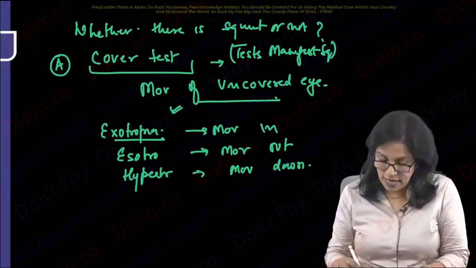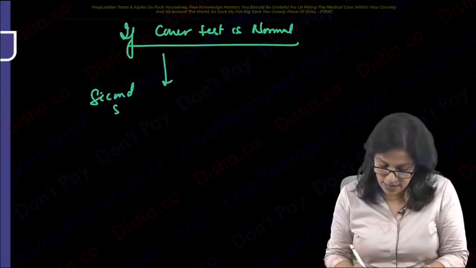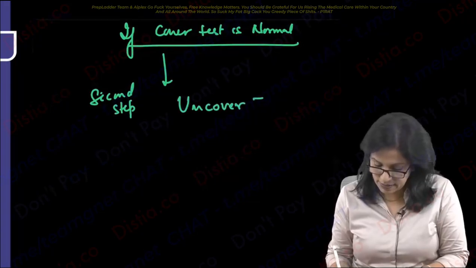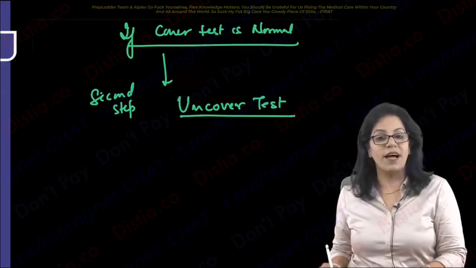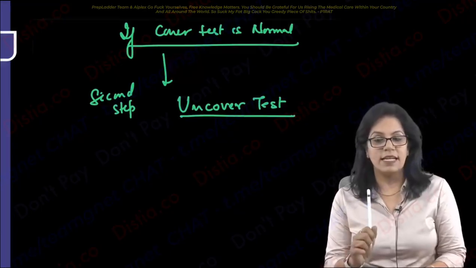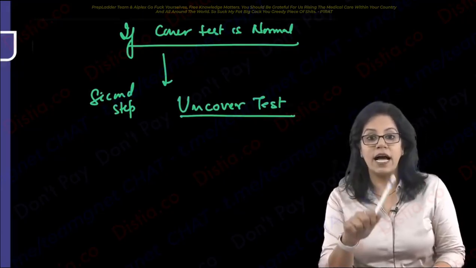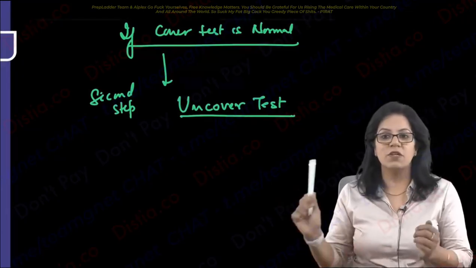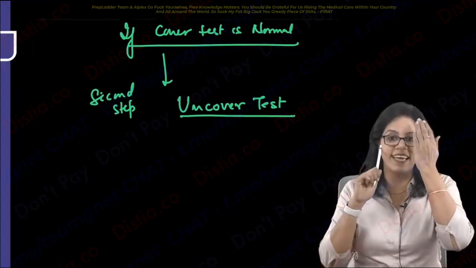Yes. For that, this is my second step, let me go for the uncover test. Before I again show you the video of the uncover test, pay attention. You have to understand, in the uncover test, we are looking at the eye while uncovering it. Means in the cover test, it was on the uncovered eye. If I have covered here, I am looking at the movement of this eye.